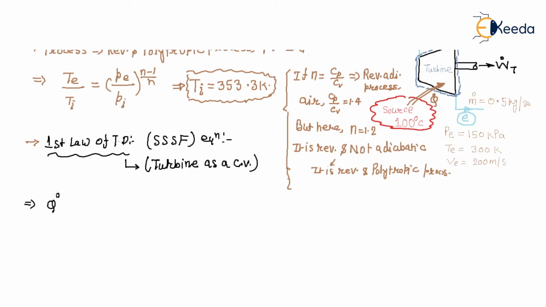So Q dot plus, we will write the full equation, m dot i, inlet, in the form of rate basis.